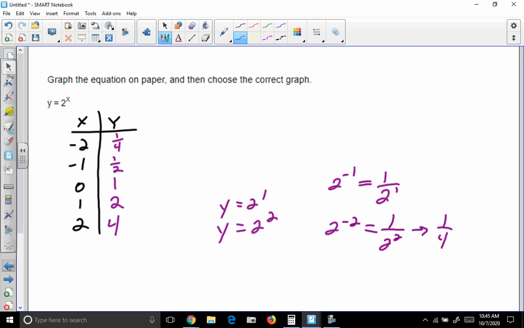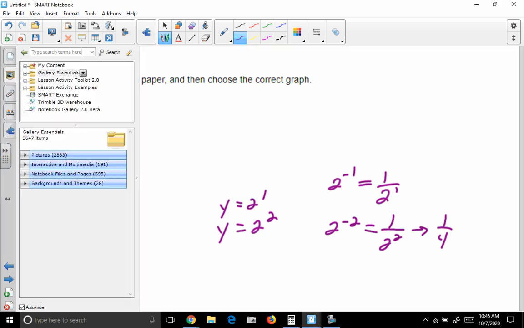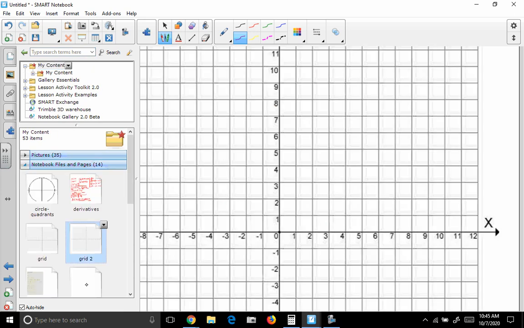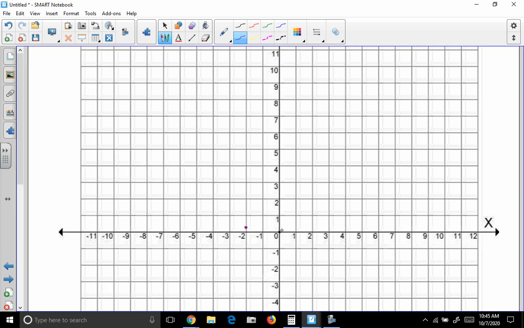So we can plot that. So at negative 2, we're at 1/4. At negative 1, 1/2; 0, 1; 1, 2; and 2, 4.